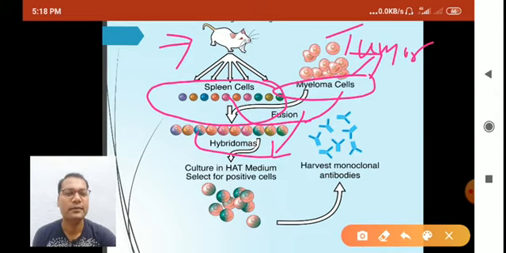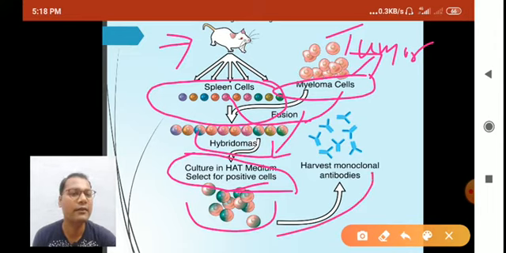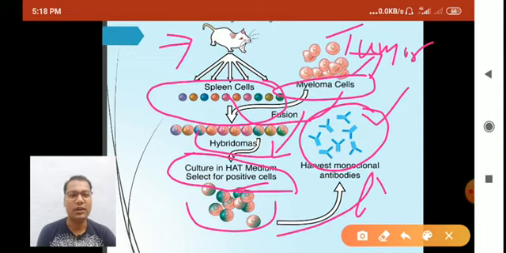Then when we culture these hybrid cells in HAT medium, we select for positive cells. Then finally, we harvest monoclonal antibodies for drug targeting.